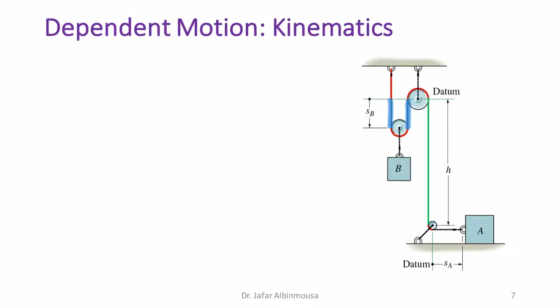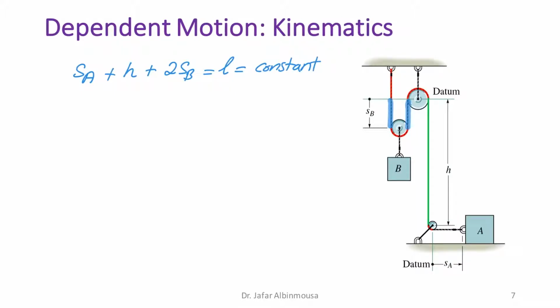So if you want to write down the kinematic relations, then we start with the length. So we say SA plus H plus 2SP equals L, which is constant. That's it.